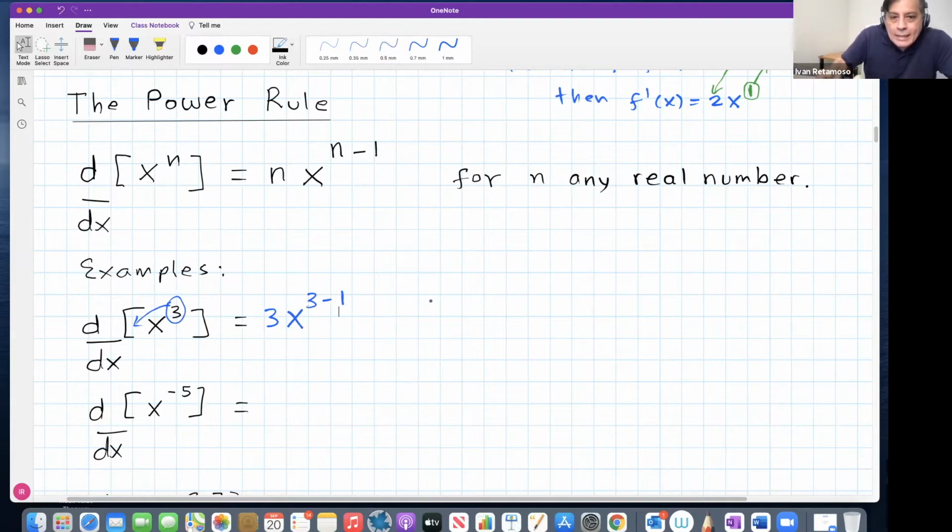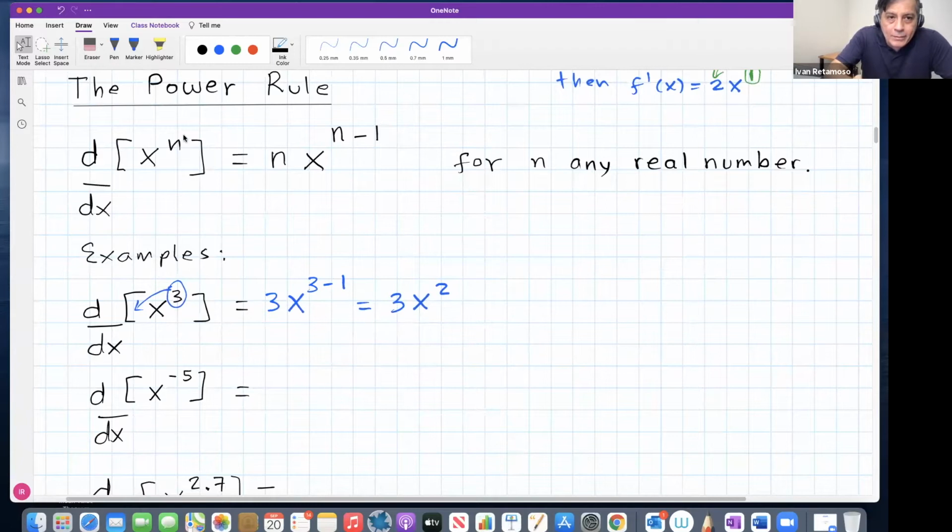This is how it works. And then you simplify this to 3x squared. Final answer. Very good. I see that the students on the chat wrote it out. Excellent. This is a very powerful rule that you should really master.